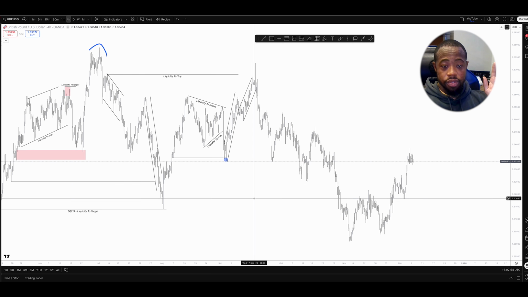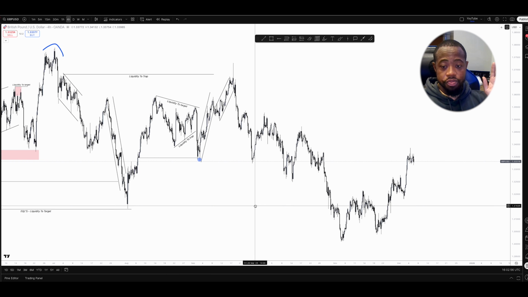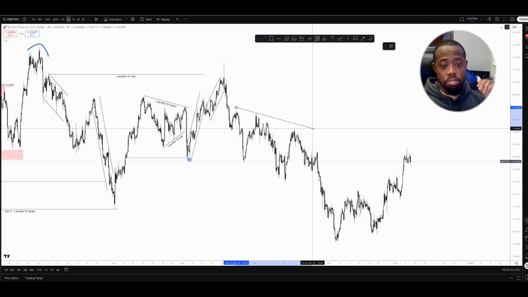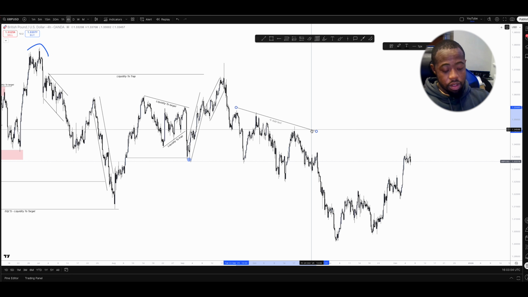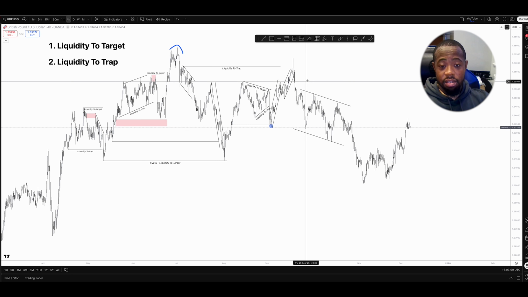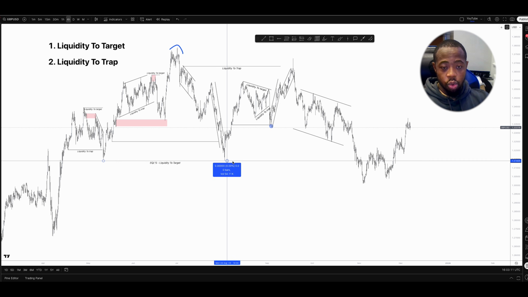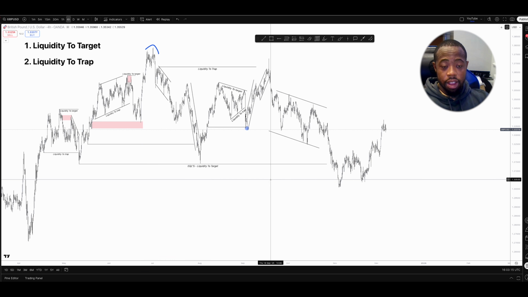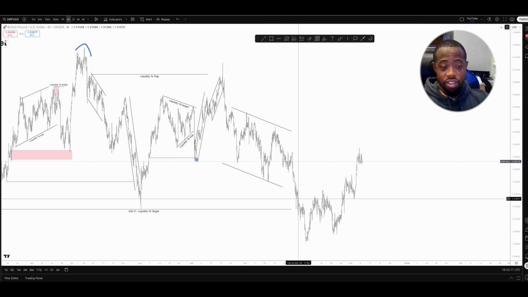And then if you look again, what does price do? This is actually where live price action is right now, this weekend. But you've got another channel being created. And what has price done? Price has come down, taken out our liquidity to target. All right, so that's that target met for these sells initially.